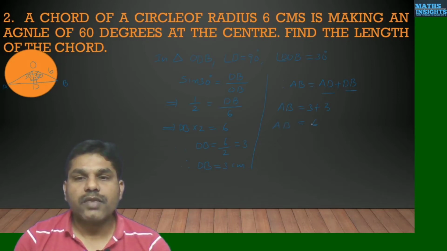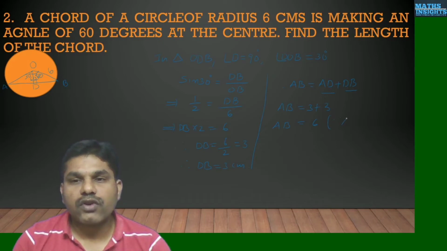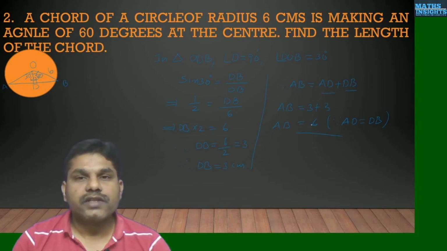AB is nothing but the length of the chord. Why? Because AD is equal to DB. Then this is over. It's very simple, but the concept involved other than the ratio is the chord and bisection of angle and chord.